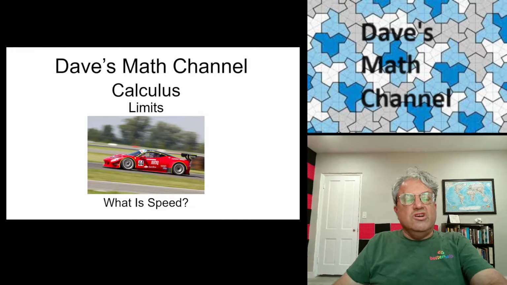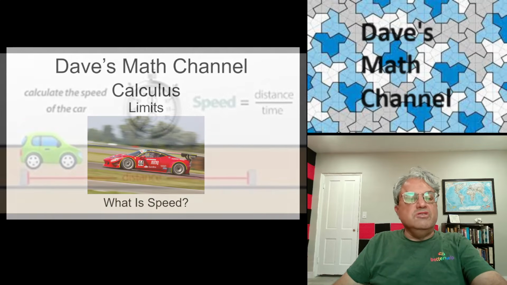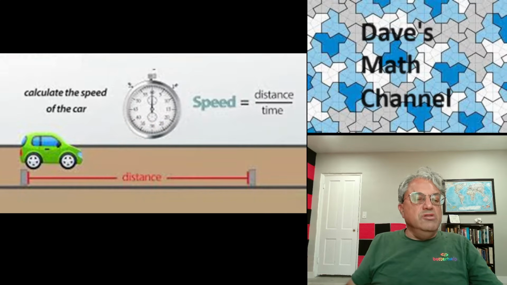So let's just start with something simple. Imagine, this is probably how you learned how to calculate speed. Say you're driving a car, so you're driving a fixed distance at a constant speed. So you're driving, I don't know, 50 kilometers per hour, and you drive for 1 hour.